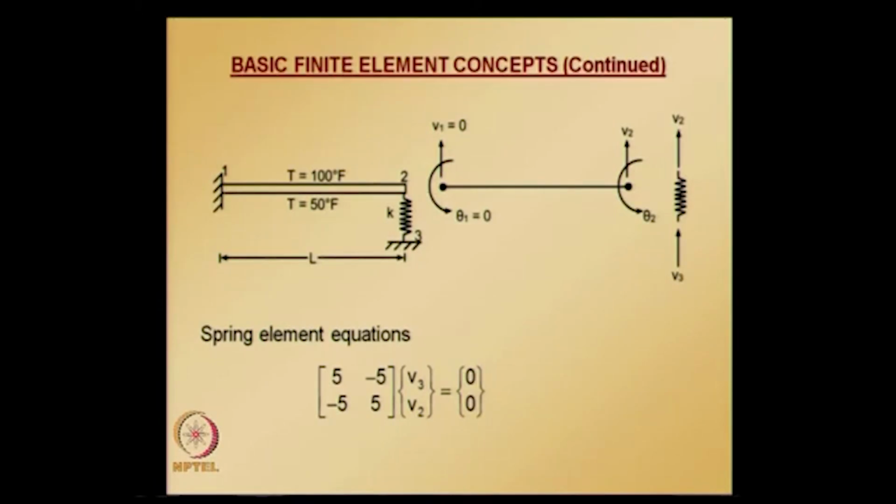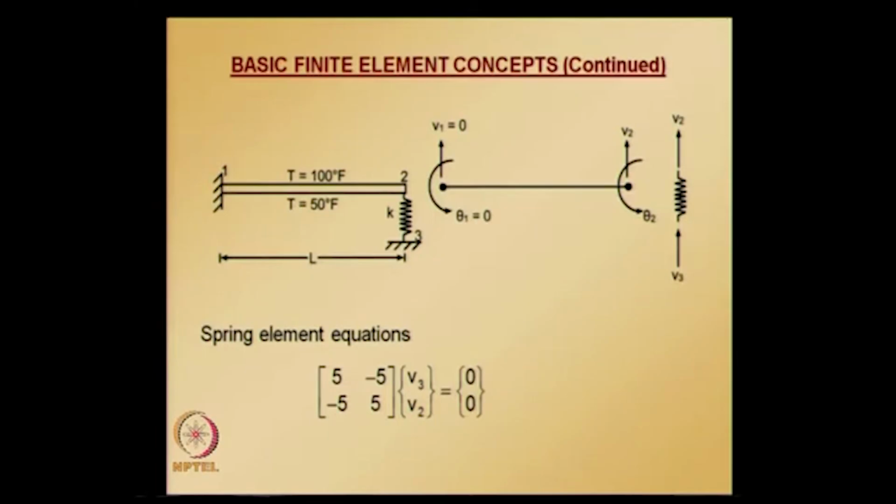Since we numbered node 3 as local node 1 and node 2 as local node 2 for the spring element, in the spring equations, that is 5, minus 5, minus 5, 5, the contribution at the 1 1 location goes into the 5 5 location of the global equation system.